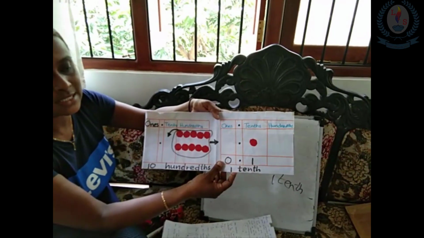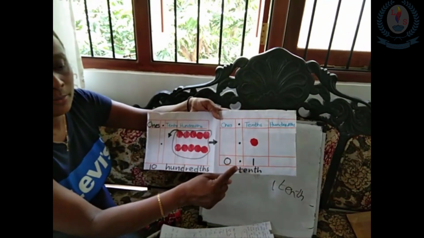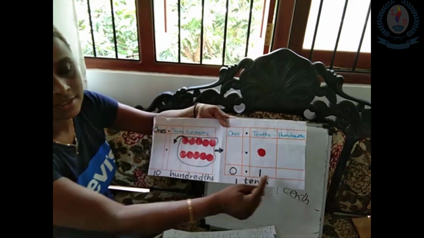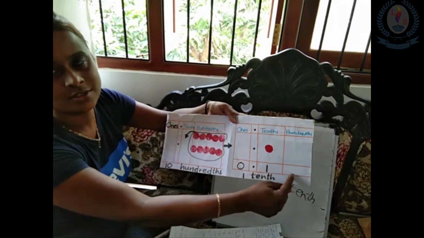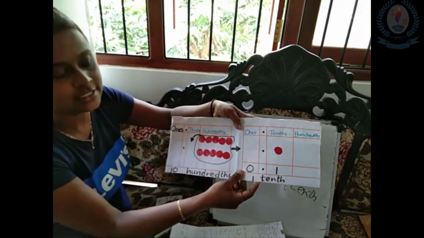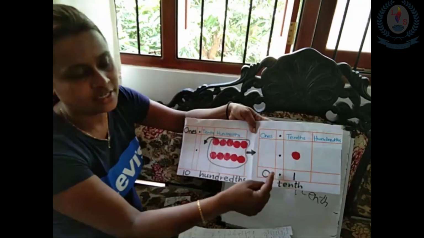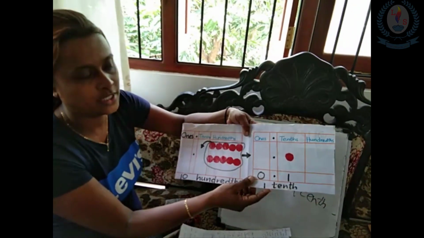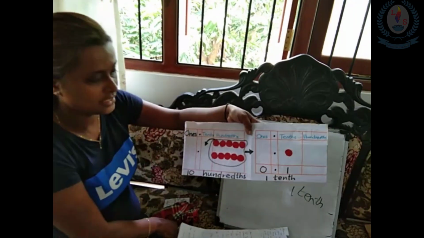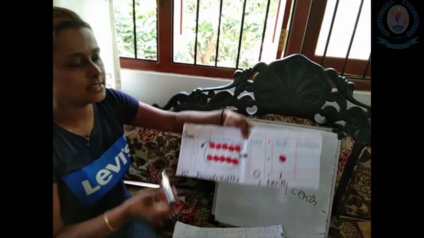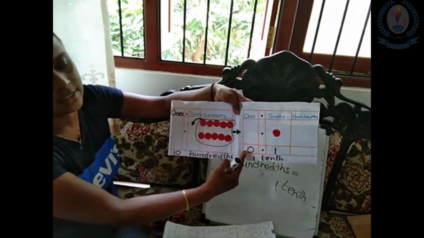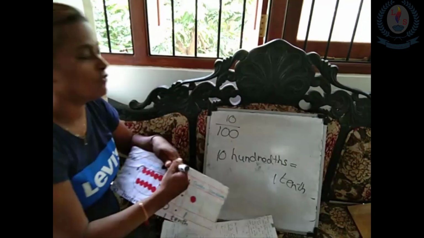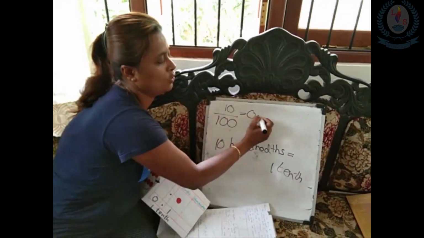So it becomes 0.1. Here the 0 we can neglect. If you write 0.10 it is also correct. But when we write 10 hundredths as a decimal, we will get 0.1.